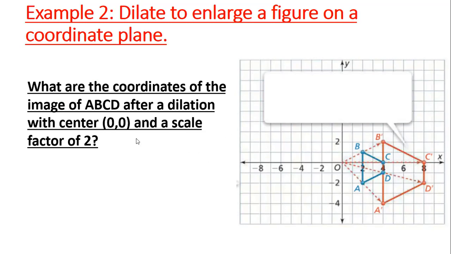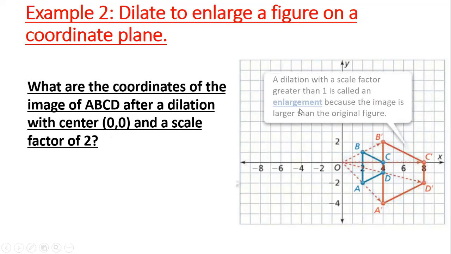Maybe you'll know if it's bigger or smaller by the number. Very good. Also, we can know if we are going to enlarge or reduce from the scale factor. You told me now this scale factor is greater than 1. So I'm going to have a larger image or a reduced image? Larger image, very good.